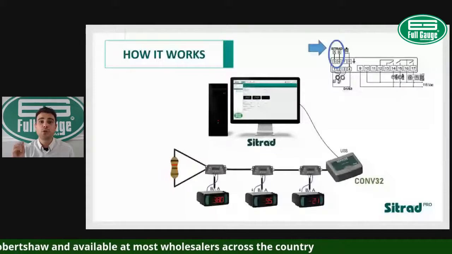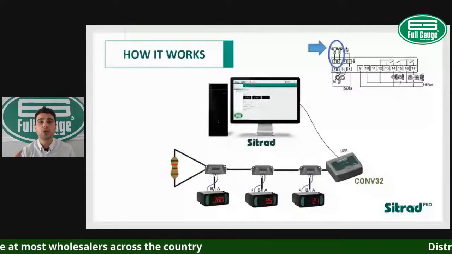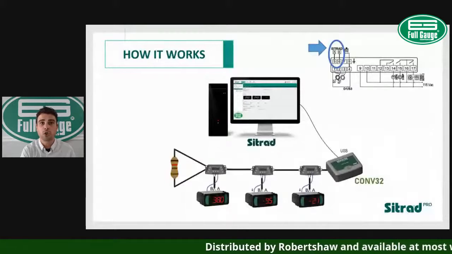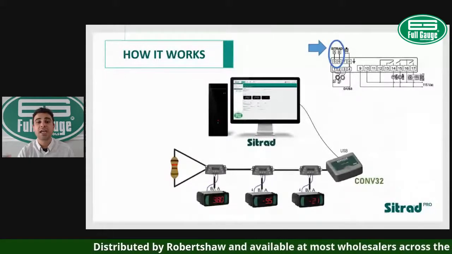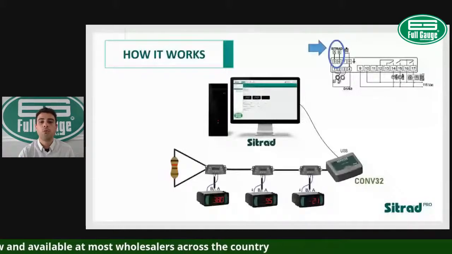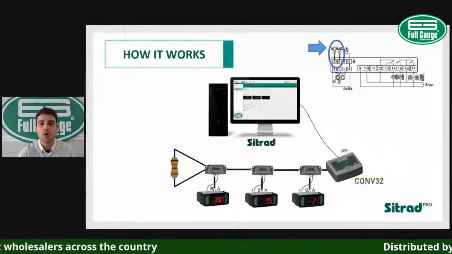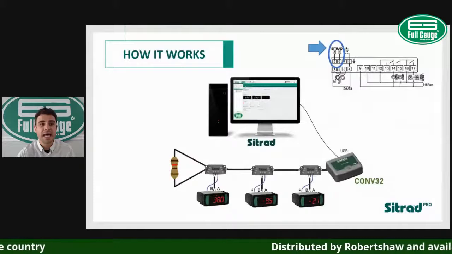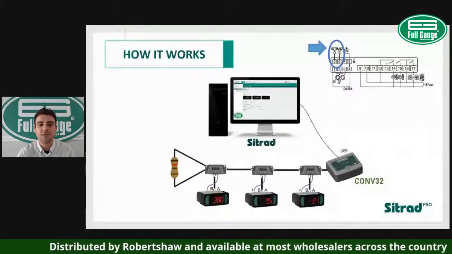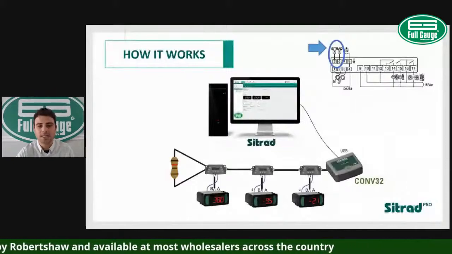By means of two simple wires, you bring two wires from the A and B port of one controller, and you can daisy chain up to 32 controllers, which will run through a converter, for example, CONV32, and that will be connected to any existing computer which will have CTRAD downloaded to it.